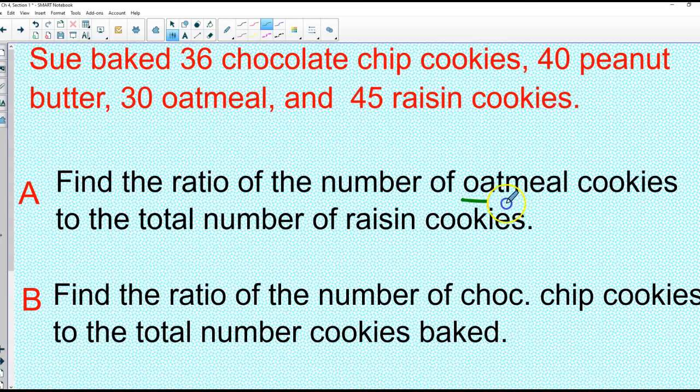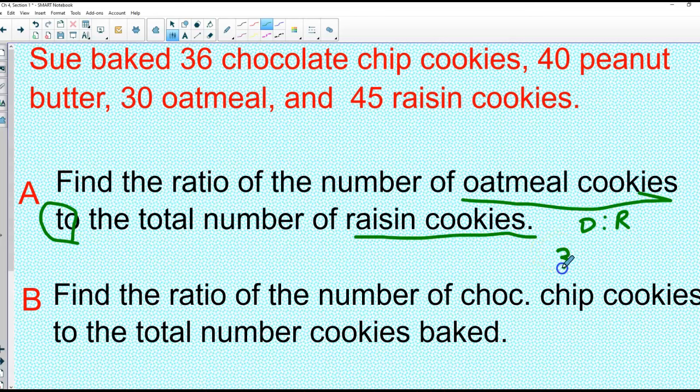Okay, so we want oatmeal to raisin. There's my O and my R, just to help me organize it here. So oatmeal is 30, and raisin, if we look, is 45. So it would be 30 to 45.